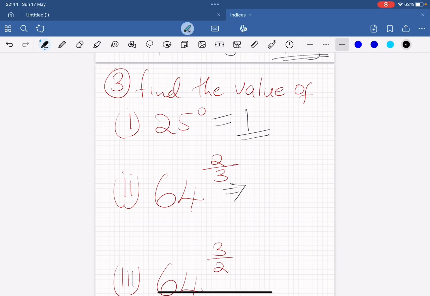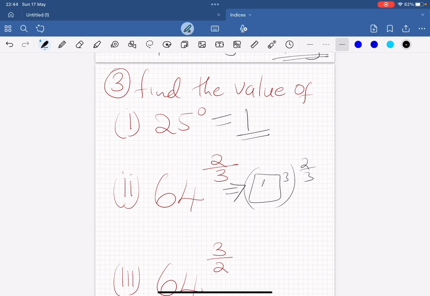Now this one, since I'm seeing 64 to the power 2 over 3, I'm going to ask myself, looking at the 3, what number can I make to the power 3 such that whatever I put inside the box to the power 3 will give me 64?